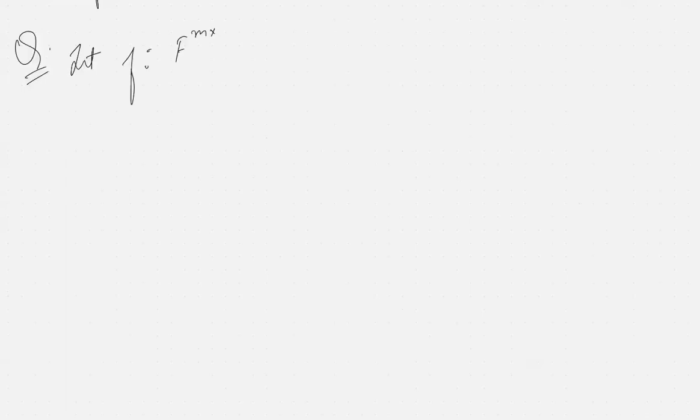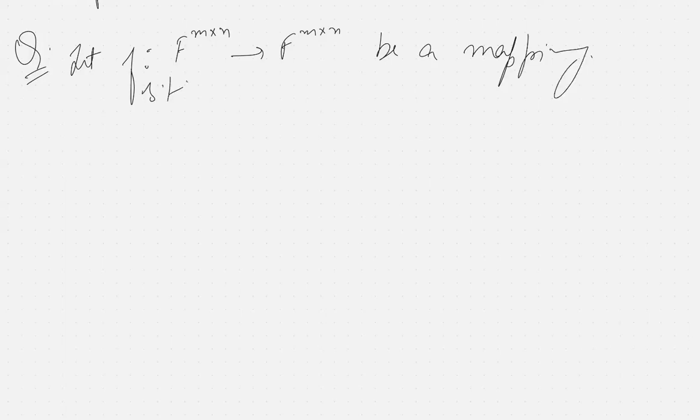What does this mean? Let me complete it: f is a mapping such that f(A) = AB, where capital A is an element of the domain. It belongs to F^(m×n).